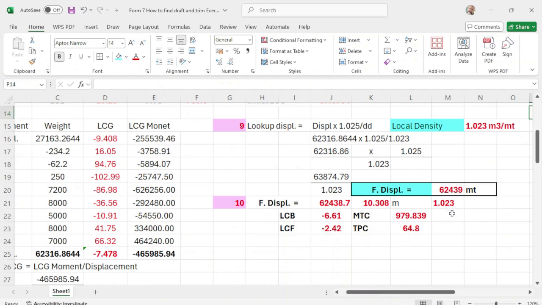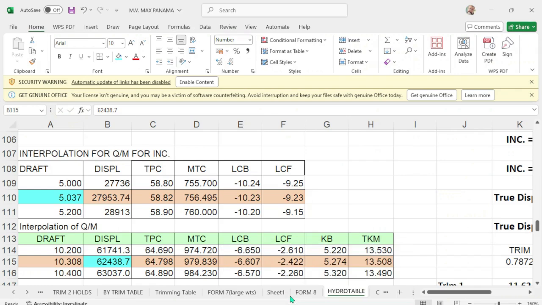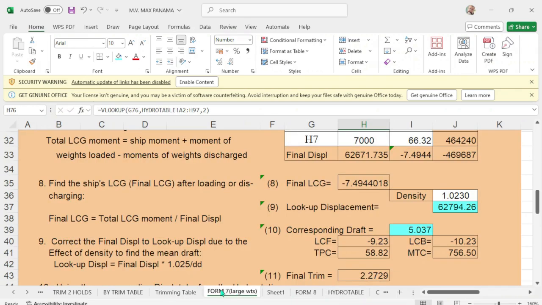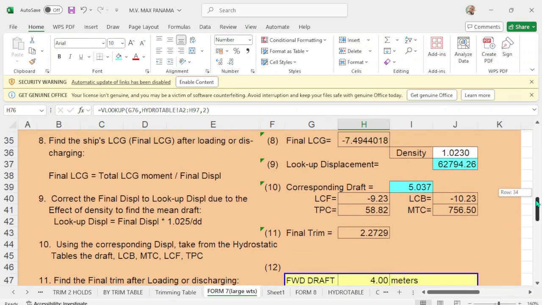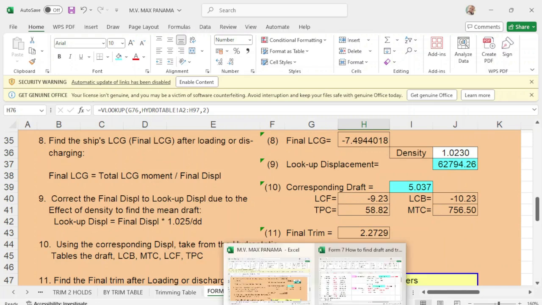this local density will be 1.023, and what will be his LCB? Okay, LCB, that's number 10, and he got number 10 here. Final drop of 5.07. 5.07 is way back here.